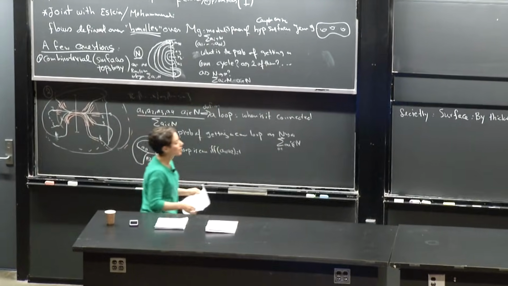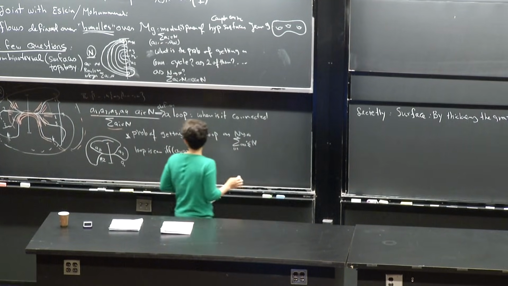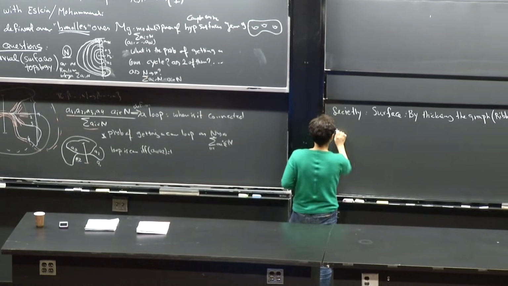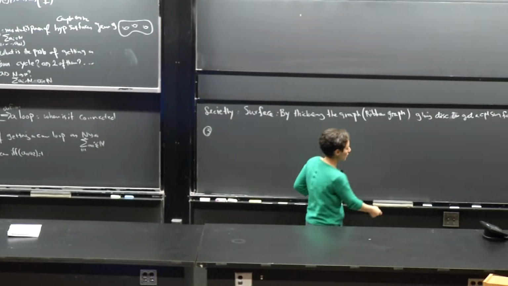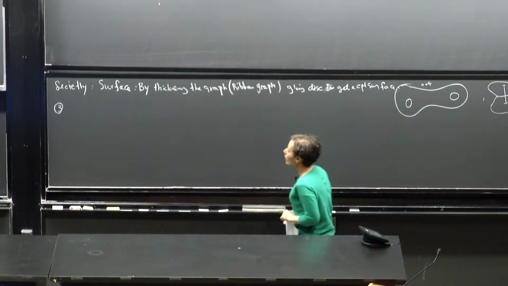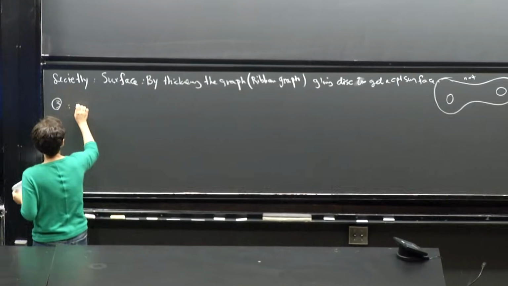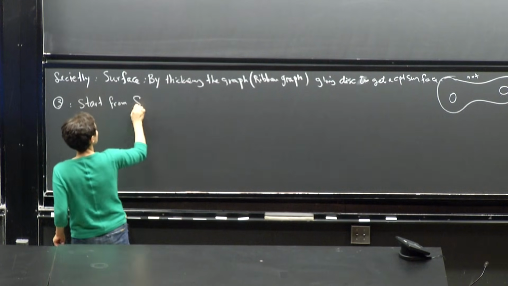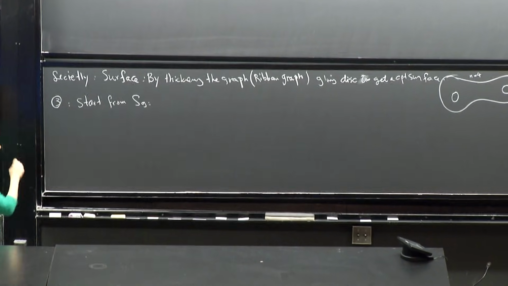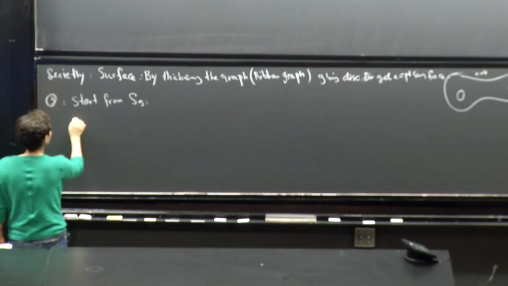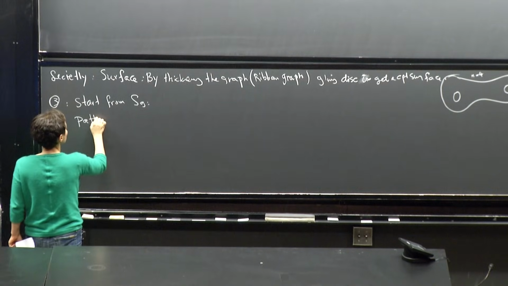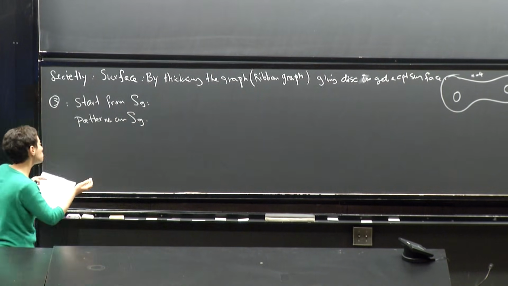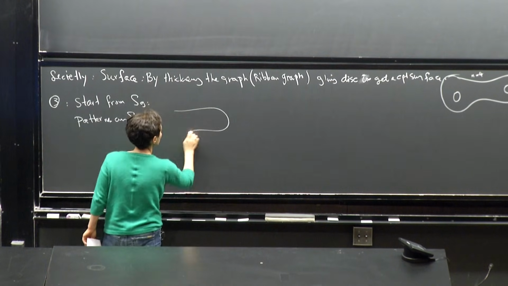And so this is the third question, basically a generalization of this, that you can start from a surface of genus G. And so you're looking at different patterns on SG.